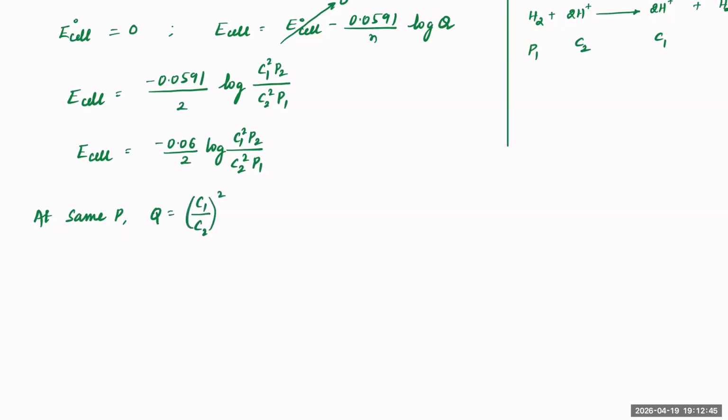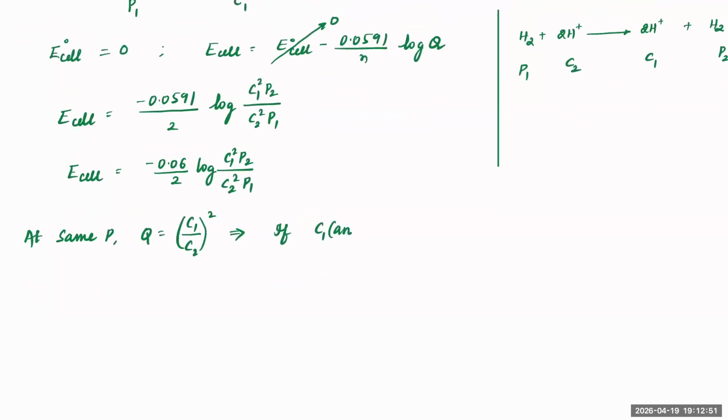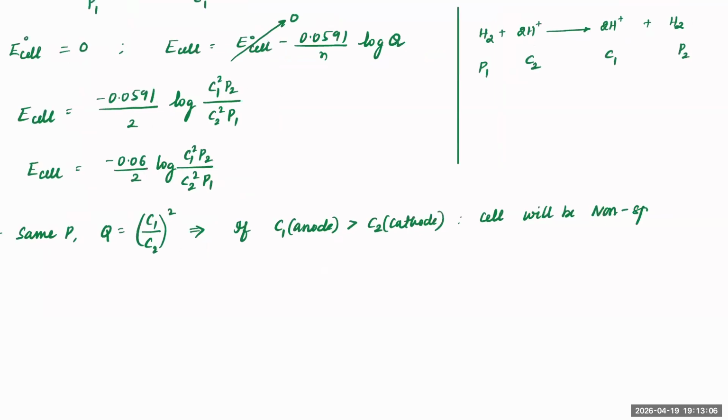If C1, which is the anode concentration, is greater than C2, which is the cathode concentration, then the cell will be non-spontaneous. Why?